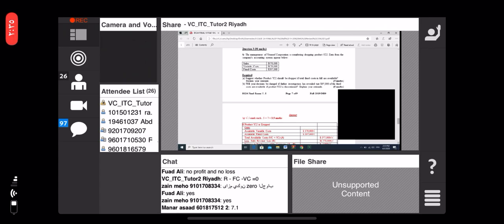He asks you about this department or this company. They will drop the product Y22 or not drop. He asks you to make a decision, drop or do not drop product Y22. So how can you make your decision?